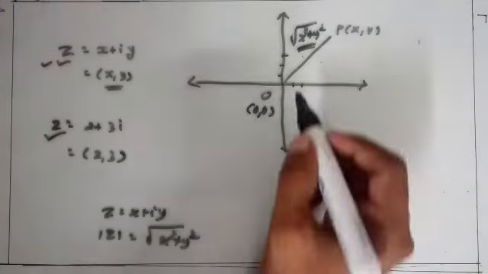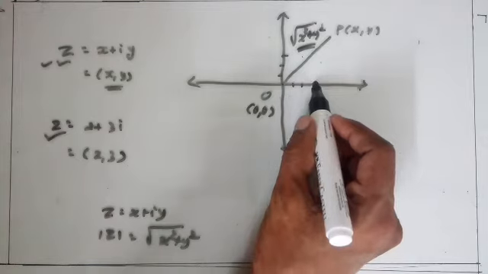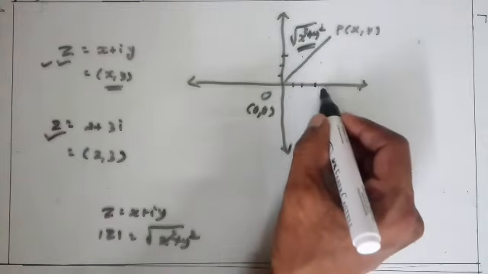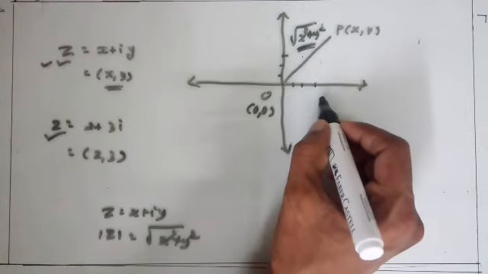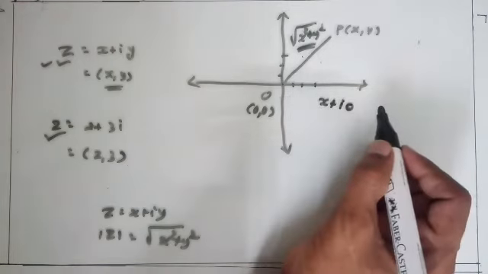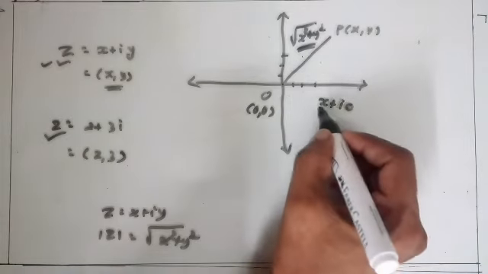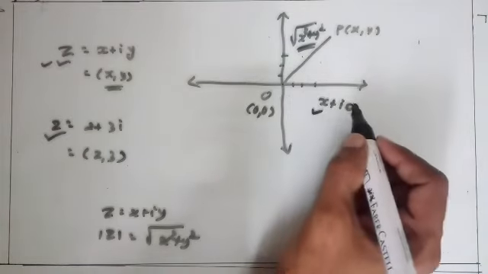Now every point on the x-axis has y coordinate 0. So every point on the x-axis is of the form x + i times 0. The y coordinate is 0, so the x-axis is called the real axis.